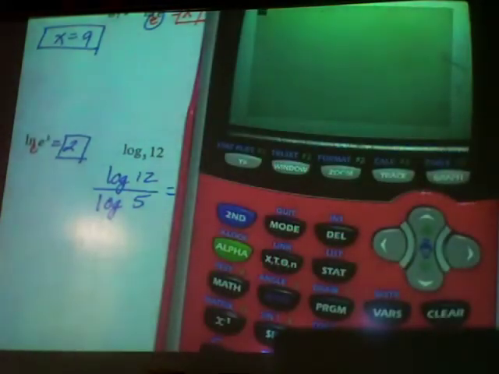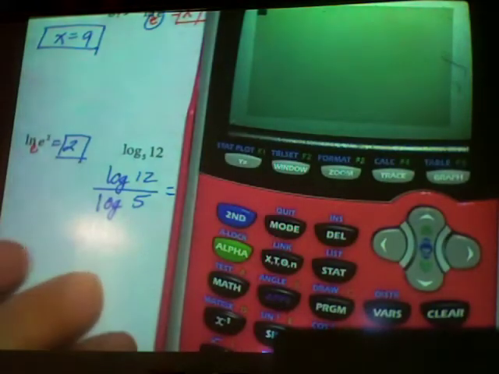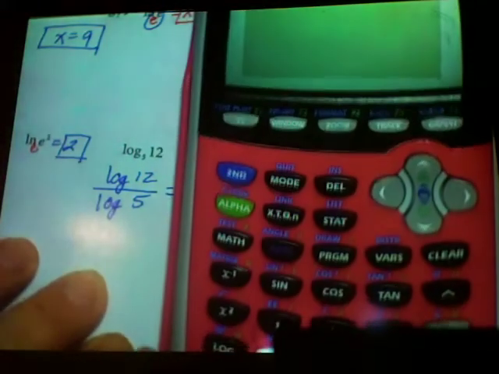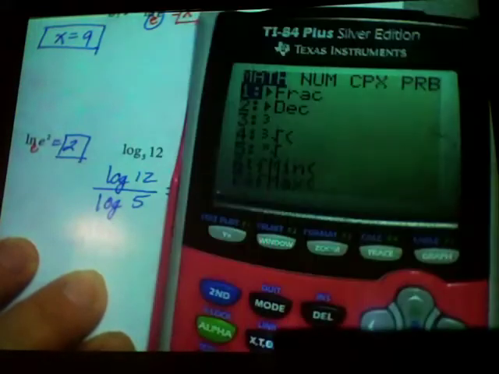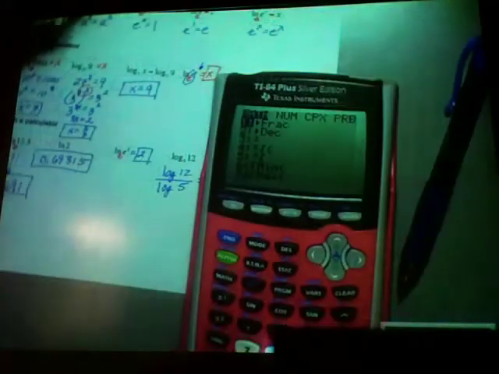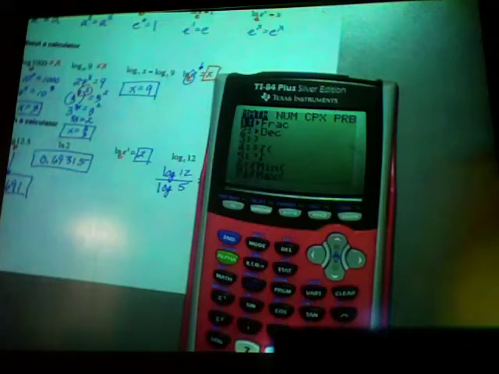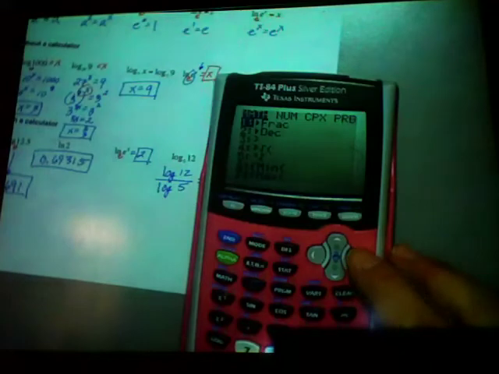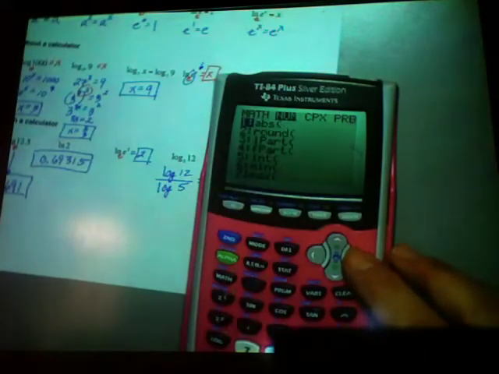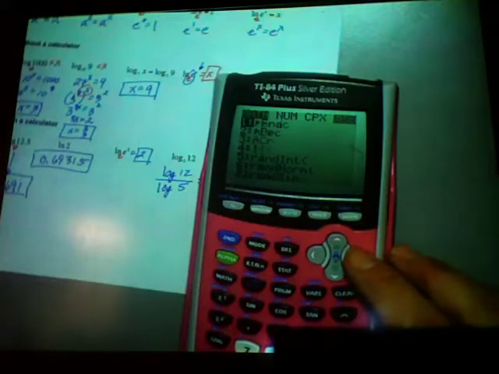Now those of you who have the old black ones, you don't have the change of base formula, but look in your math button. Where are you going to have log stuff? It's under that. You just have to keep going.